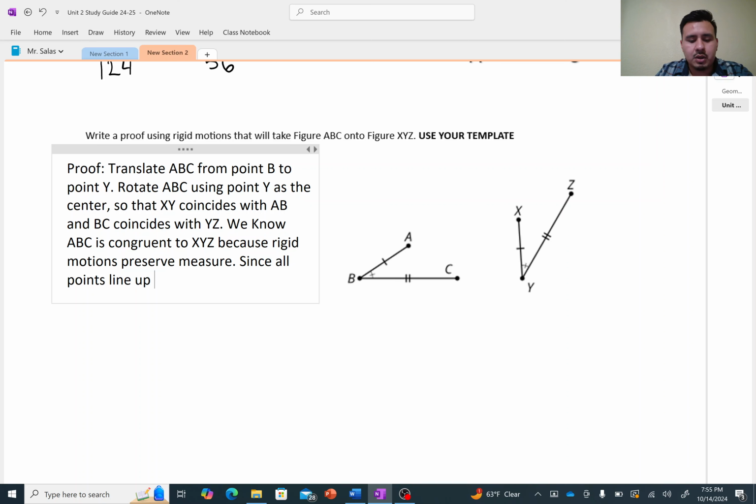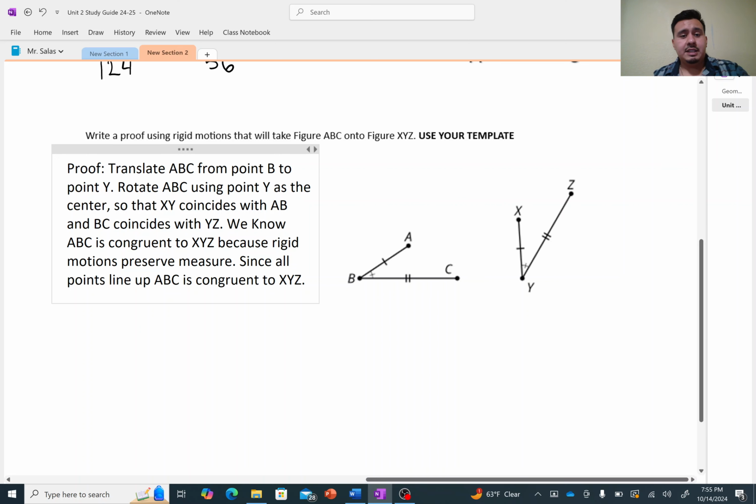Oh no, it's not even a triangle. So I'll say figure ABC is congruent to XYZ. Okay, perfect. That is it for our proof.